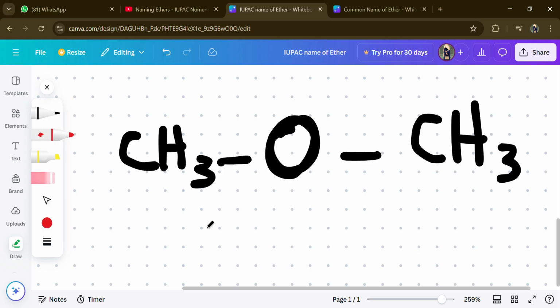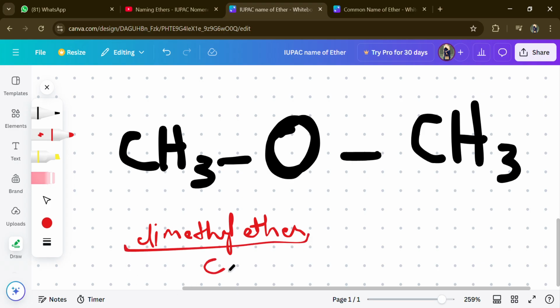In the common name, first we write methyl. How many methyl do we have? We have 2 methyl, so we write dimethyl and then just ether. This is the common name, by the way.